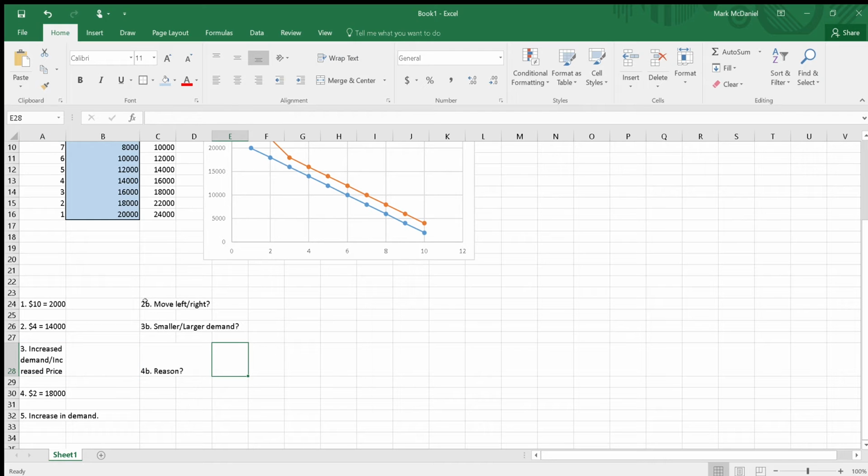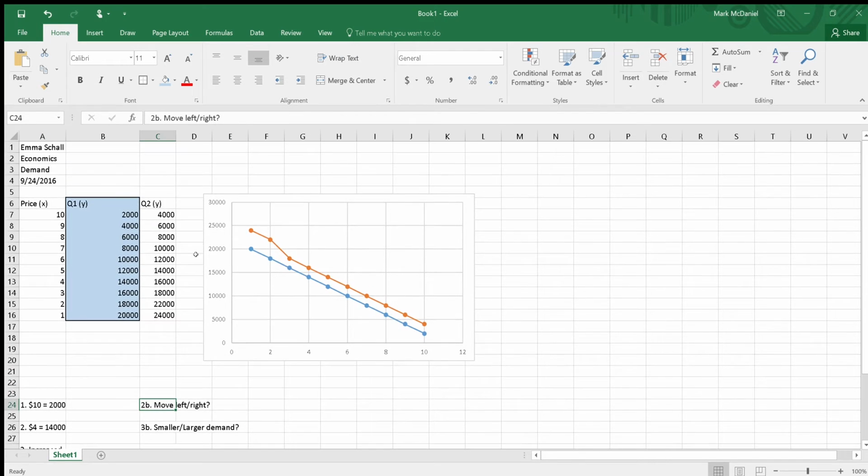Okay. Now they ask you to graph. They tell you that a bunch of new immigrants moved to the area, so the population of your town has increased. So this is going to give you a new demand value. And this demand value is going to be represented by Q2. And that's going to be the orange line.